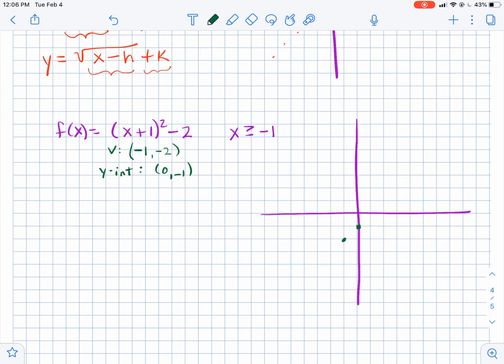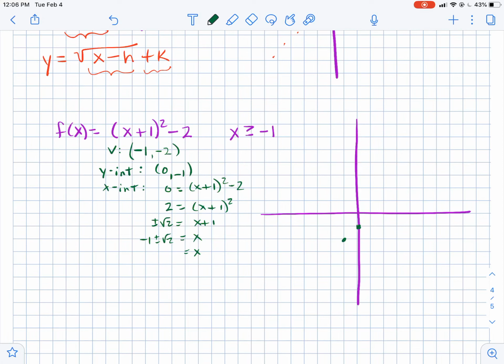So 0, -1. I could do an x-intercept again if I wanted. So I'm going to move that over. That is going to give me a decimal. So x equals -1 plus or minus the square root of 2.